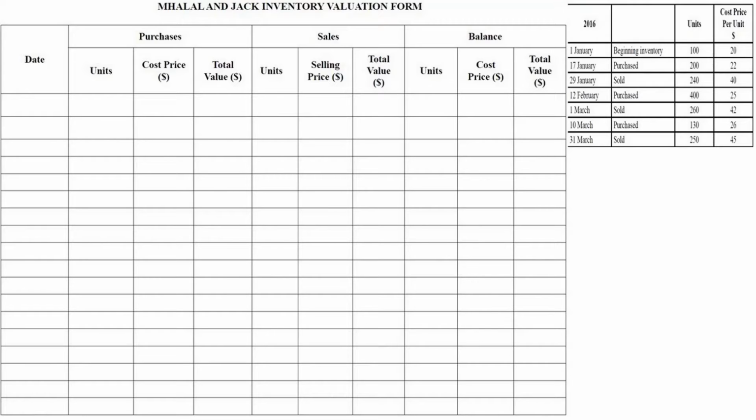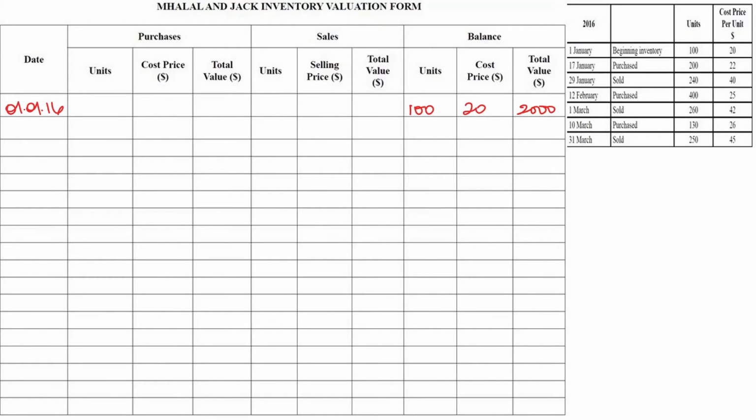So we're going to fill out our form on the 1st of January 2016. The balance that we have on hand, which is our beginning inventory, stands at 100 units with a cost price of $20 per unit, and that's going to give us $2,000 in total. So that's our first transaction.